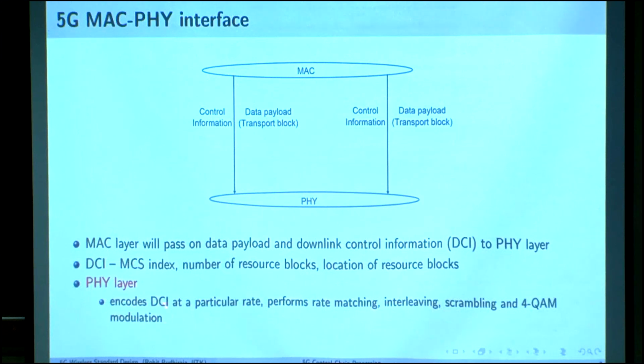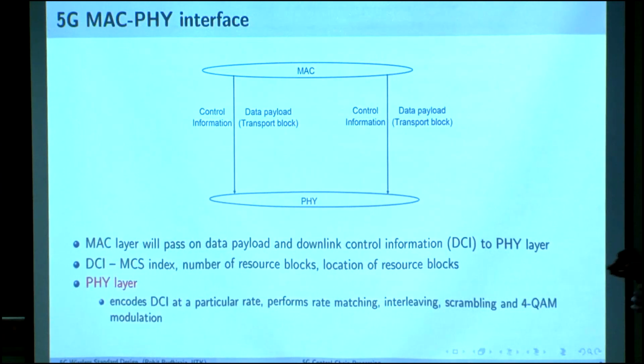It encodes DCI, which is not the transport block but this control information, at a particular rate. In principle, this rate should be similar to this rate because that's what the user has asked, or lower than that because you want to give more protection to this.